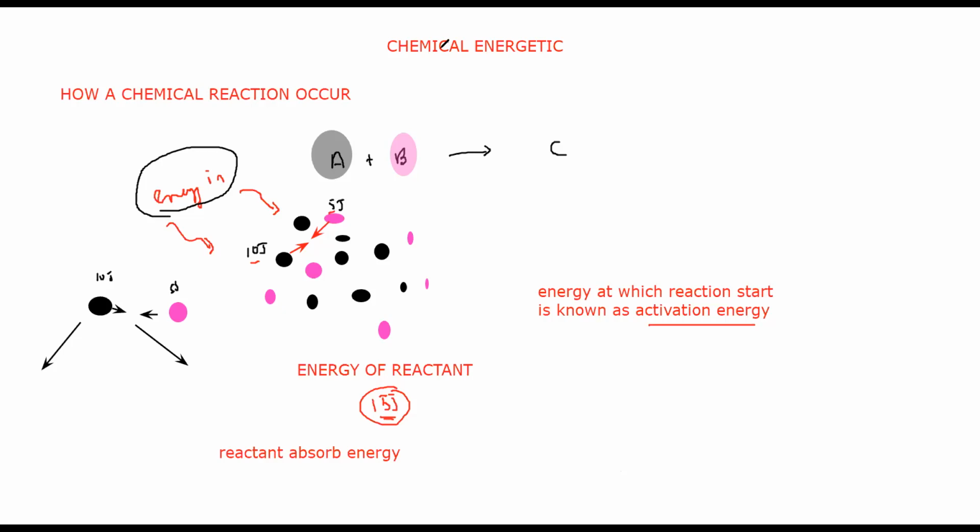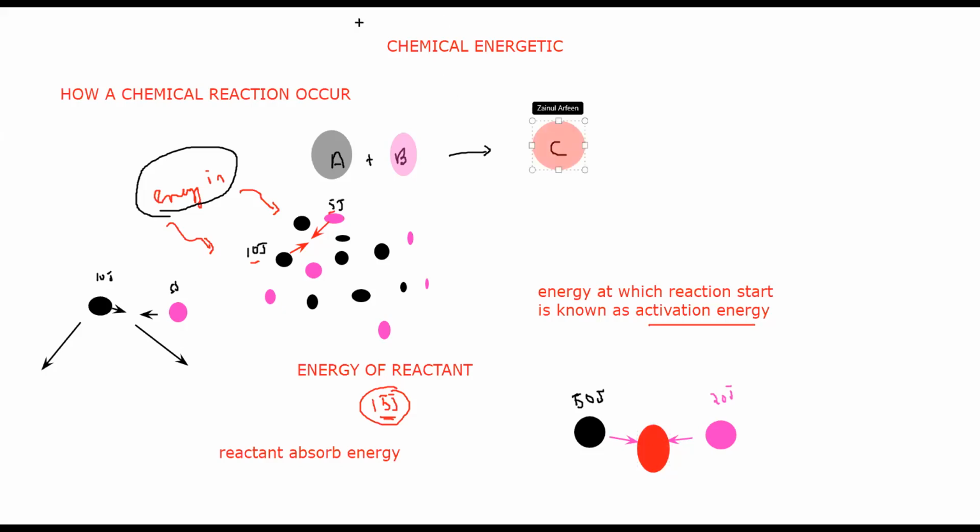So for example, after absorbing energy, the energy of A is now 50 joules, and the energy of B, originally 5, is now, for example, 20. And now when they collide with each other, as a result, they form a new substance. They form a product C.